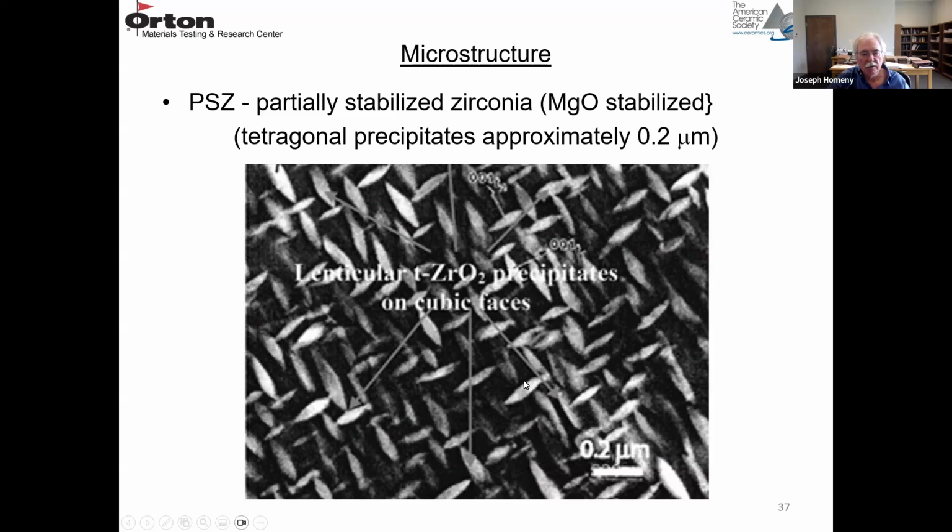So that's a partially stabilized zirconia with tetragonal precipitates in a cubic matrix. You can also have monoclinic precipitates in the cubic matrix if you allow the transformation to take place. And I can go over that in a few minutes, why you have either tetragonal or monoclinic precipitates.